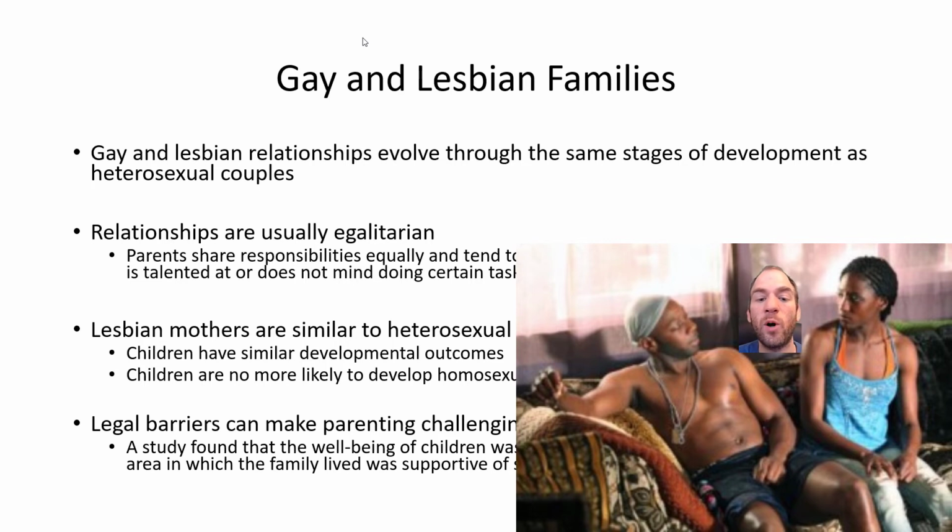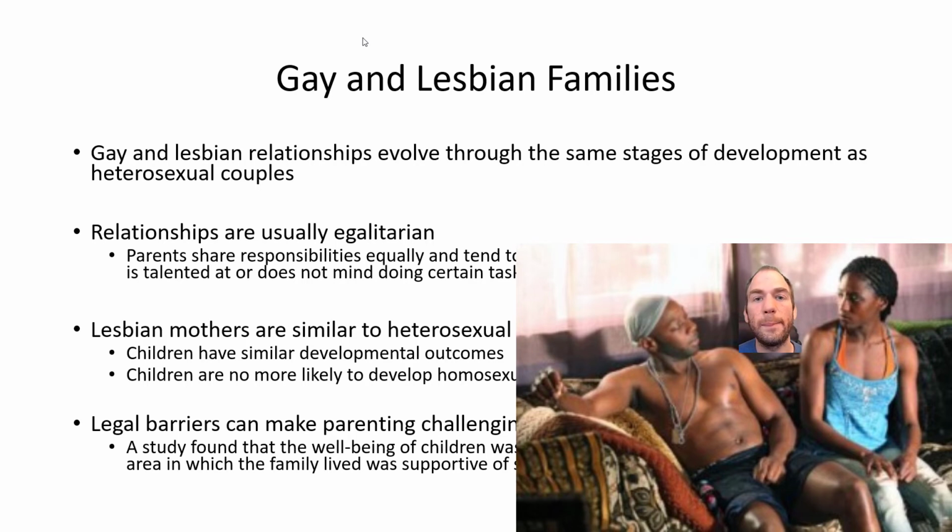A study found that the well-being of children was associated with whether the social climate of the area in which the family lived was supportive of sexual minorities. So as stated, parents in gay and lesbian families divide household labor based on the talent of an individual and what it is that they enjoy doing.